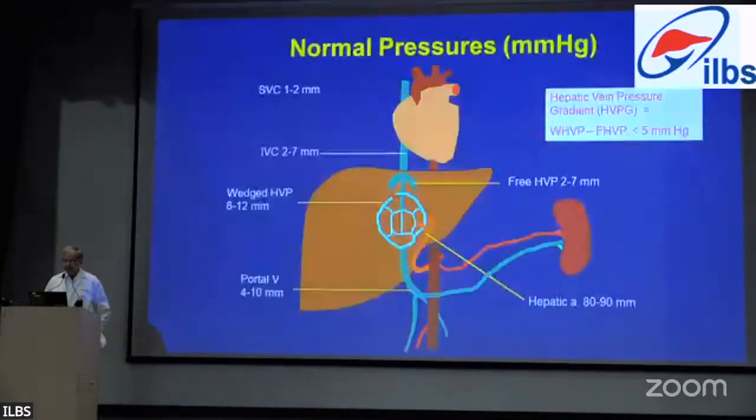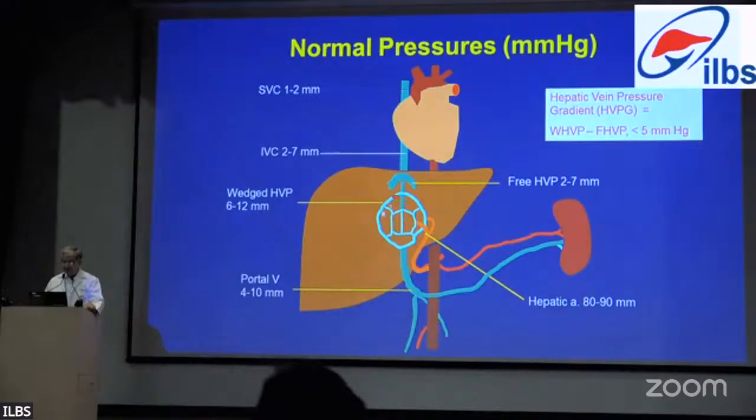Over the years, several things came up. So let me first explain what is a normal splanchnic circulation. From the spleen, the portal vein forms and it opens up into the sinusoids and is drained out through the hepatic vein. So the portal pressure normally is up to 10 millimeters or so, and the wedge hepatic vein pressure is 6 to 12.